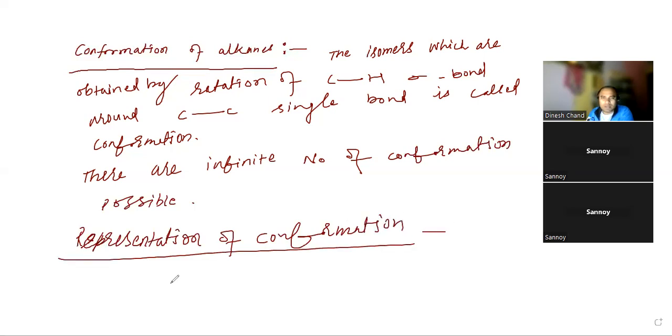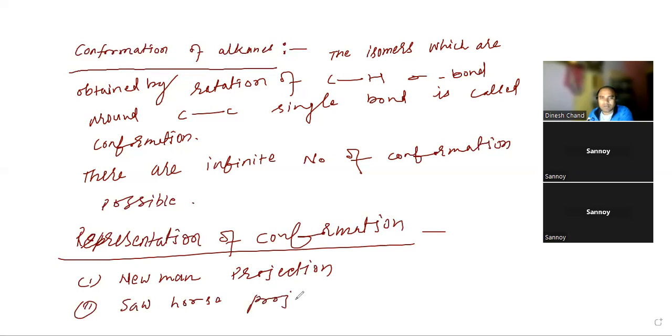The first one is called Newman projection. And another one we have is Sawhorse projection.